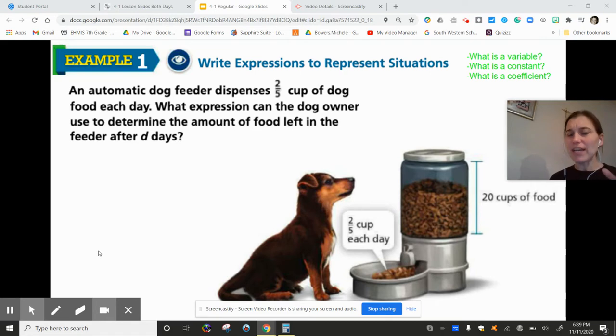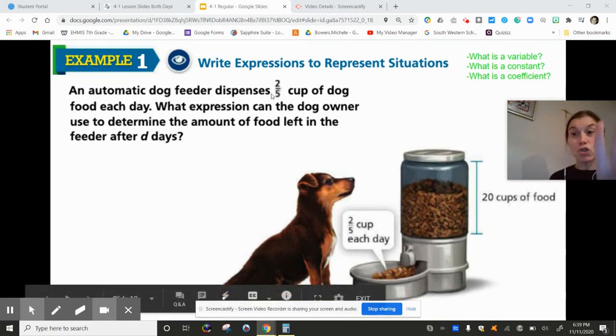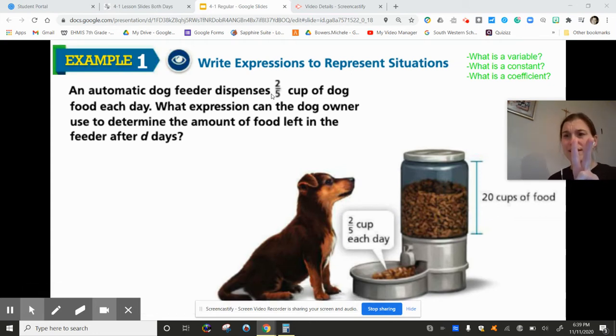If I change this and said the dog feeder dispenses 2 cups of food each day, then if it starts at 20, after the first day it would have 18 left. And after the next day it would have 16 left. And after the next day it would have 14.